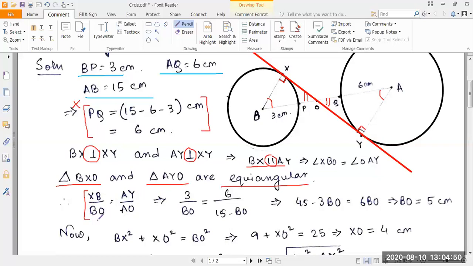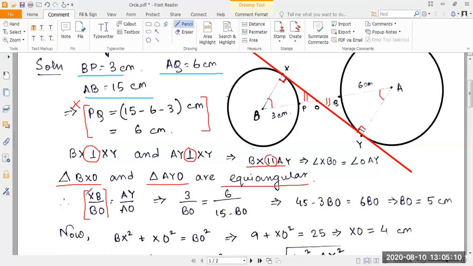So you can choose whatever you want for this, XB by BO. This is what I want. I need to find out which ratio I can equate with XB by BO. So let's take XB first. XB is the line segment that is adjacent to the right angle and the angle that I've proved to be equal.